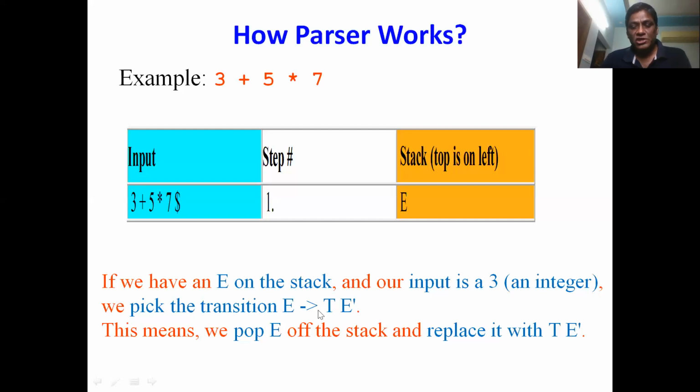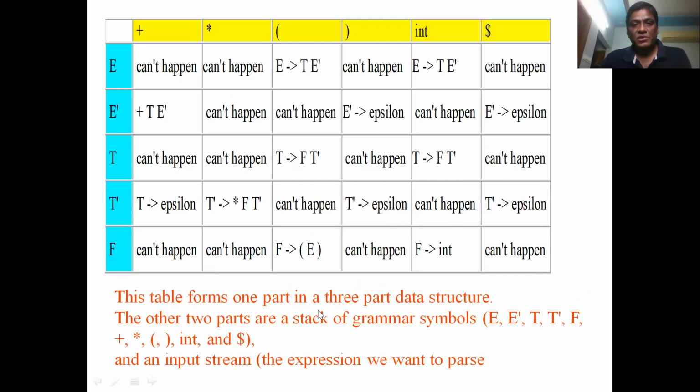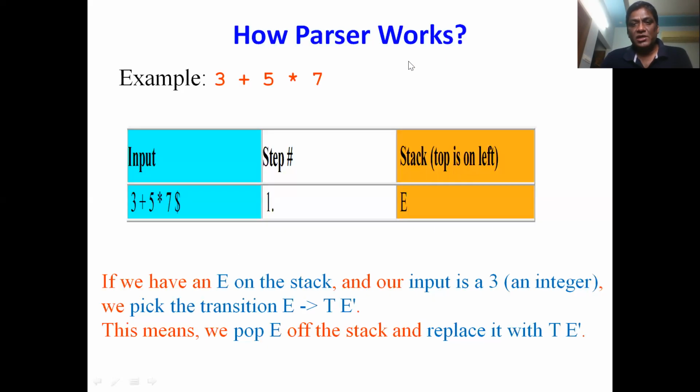Then what is the production that you need to select from the table? E with int. So what is the production we need to select? E implies TE dash. That means in place of capital E, you take TE dash. So you pop this E and substitute TE dash over here. There is nothing done to the input.